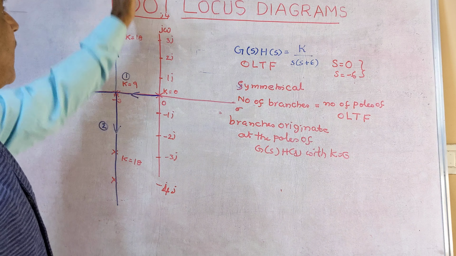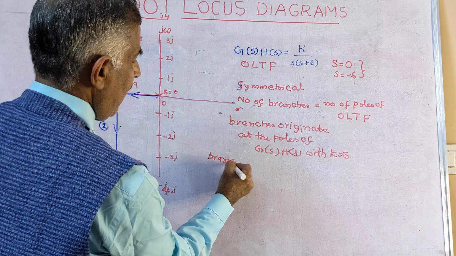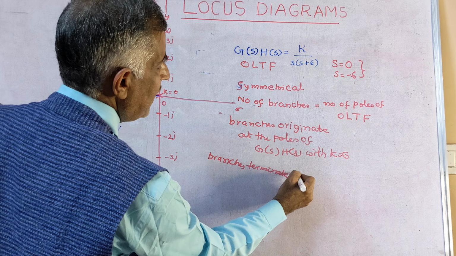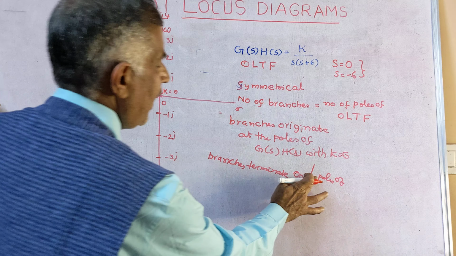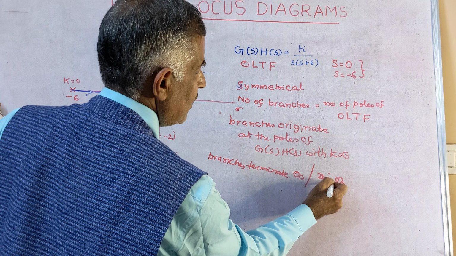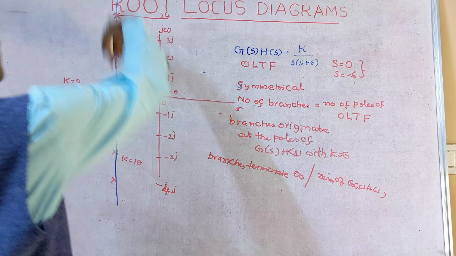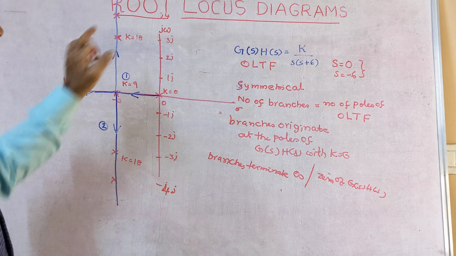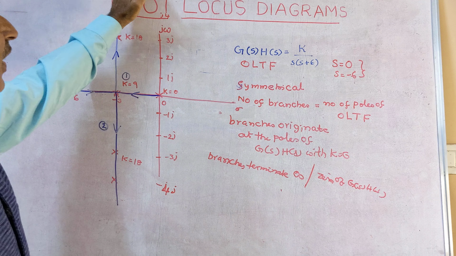Therefore, they terminate at infinity. That is why they are proceeding towards infinity, with k equal to infinity, another extreme value of k.